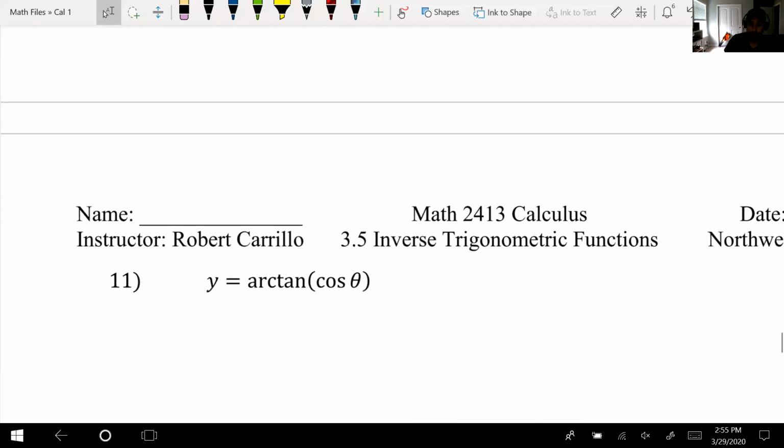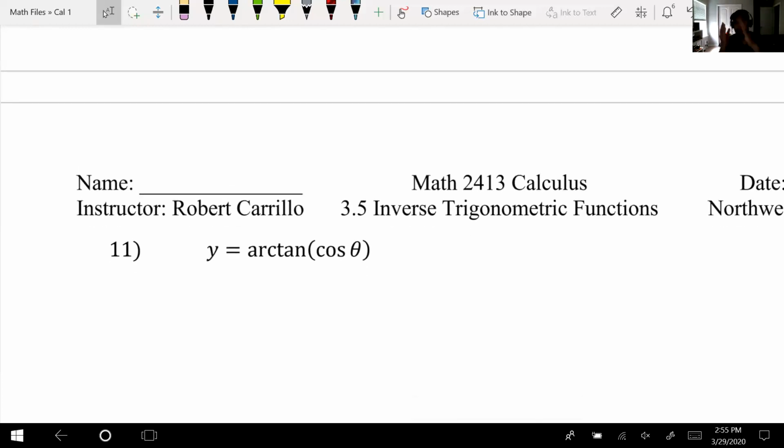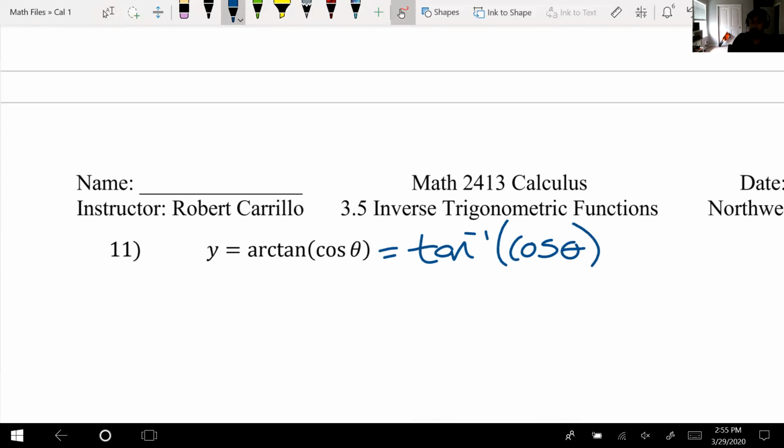Okay, perfect. Another tangent one. The easy ones, okay? All right, so before we begin, rewrite this, make this the inverse tangent of cosine theta. And now we're going to do the chain rule derivative for the inverse tangent function, and we get y prime equals u prime over 1 plus u squared.